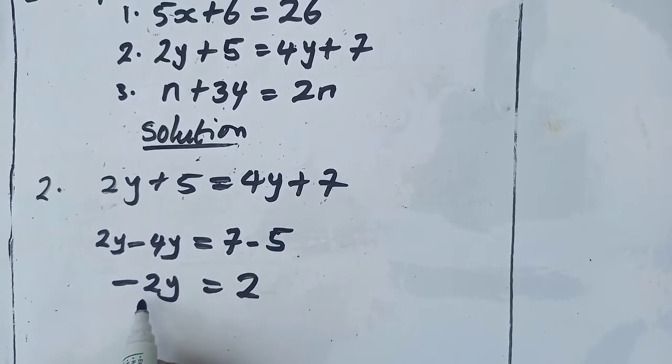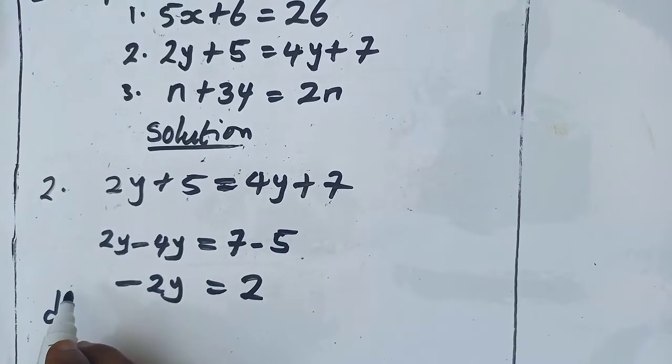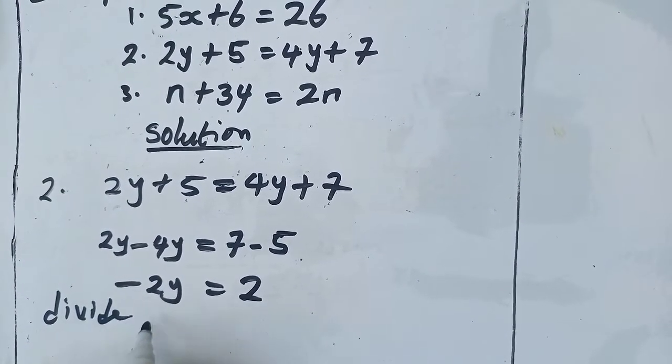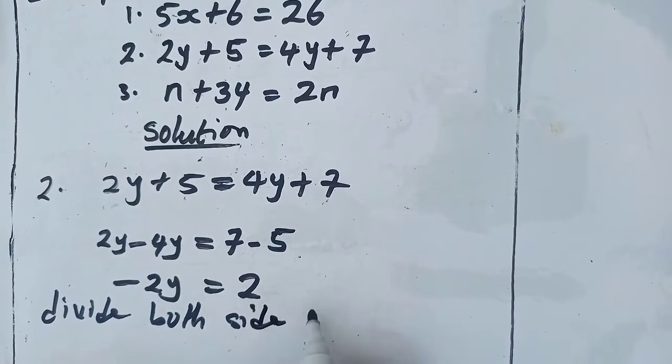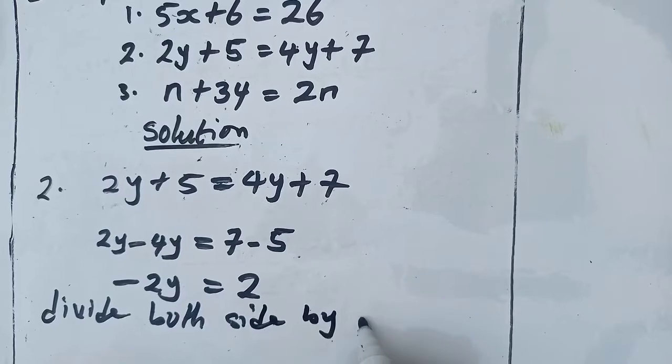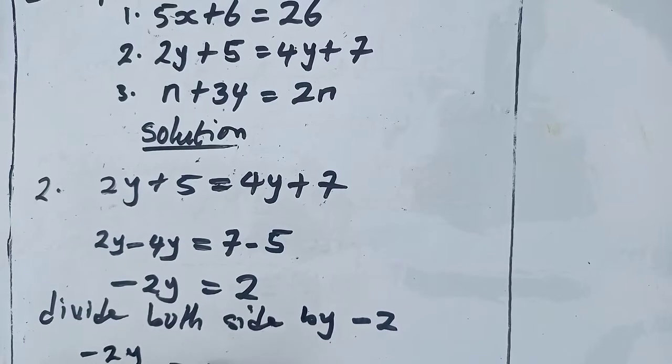Mind the coefficient of y here is minus 2. So we have to divide both sides by minus 2. So we have minus 2y over minus 2 equals 2 over minus 2.